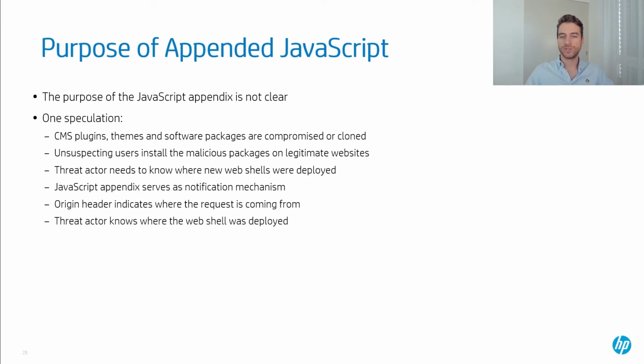As this is a cross-origin request, the origin header is set, which gives the threat actor the indicator where the web shell was deployed. Finally, the threat actor just needs to test his new web shell and can then sell it for malware distribution. Now, this is just a speculation with a few open questions, and Trojanized software packages are most likely only one of many ways such websites are compromised. But it looks very interesting and also quite promising.